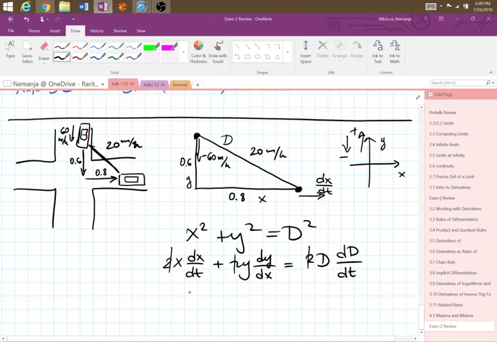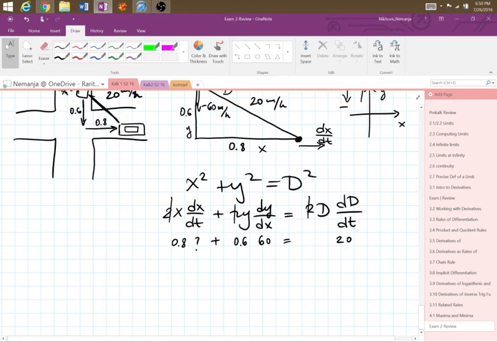We have x as 0.8. We are looking for this one. We have y, which is 0.6. We have dy/dt, which is the speed, which is 60. We have dd/dt, which is 20. And the only thing that I don't have is d, but I can find d from the Pythagorean theorem.